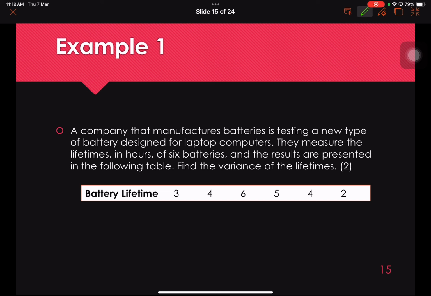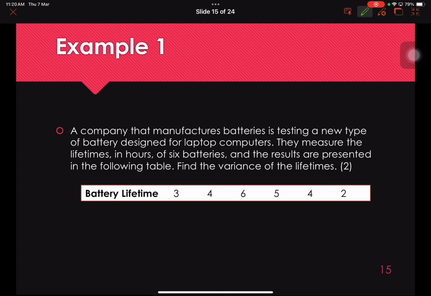Okay. Damia Irdina. Sample. And Rafiq Husaini. Why do you say sample? Because they measure the lifetimes of 6 batteries. The company manufactures batteries, but they test only 6 batteries. Make sense? Do you get it?